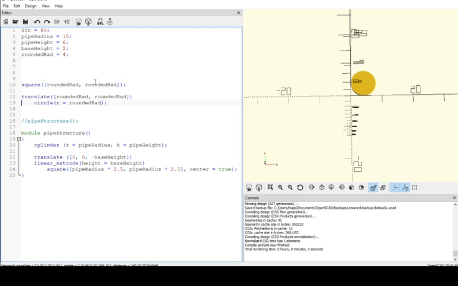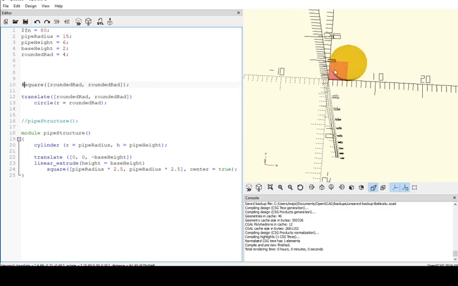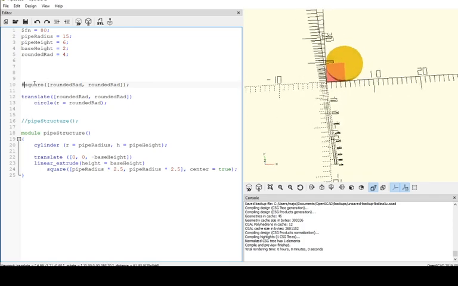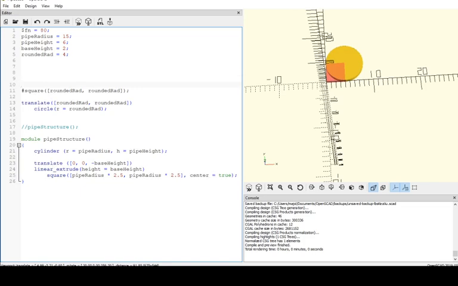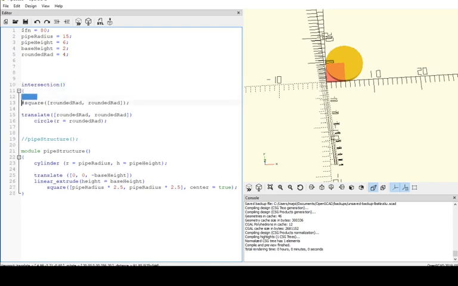And let's use a different color to indicate what this square is. So there's our square, right? Bang on the money, that's where it's sitting. Well, what if we then said, okay, where the square intersects the circle is where we want to be.